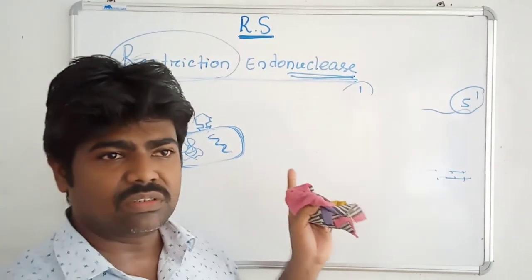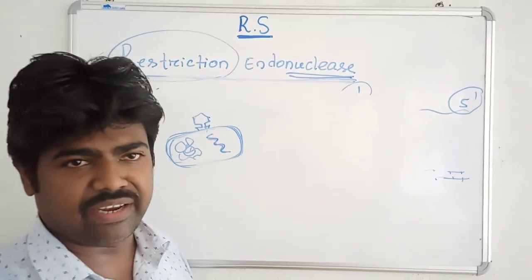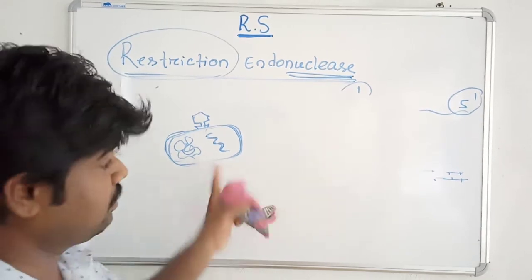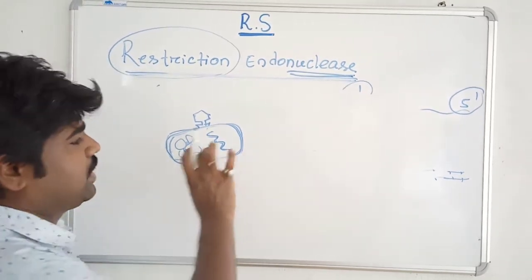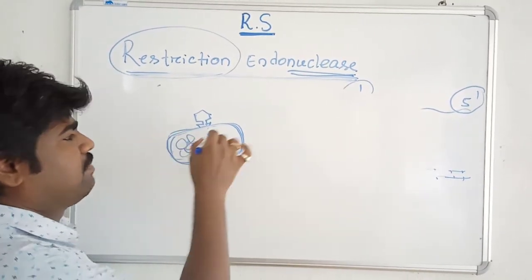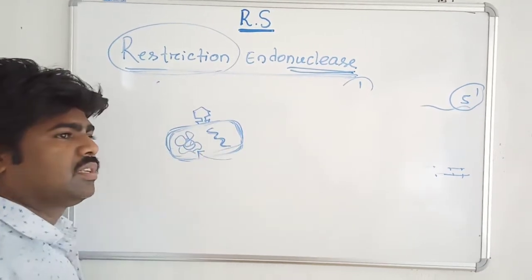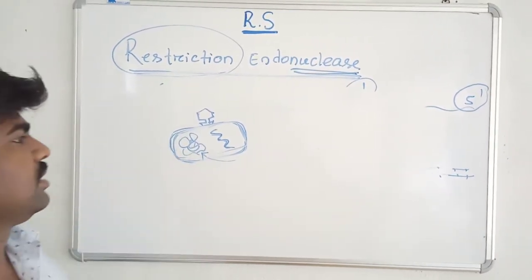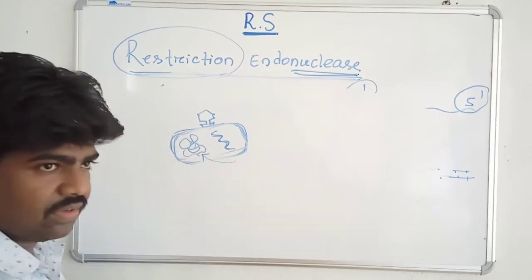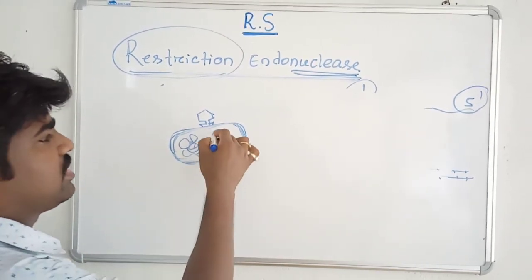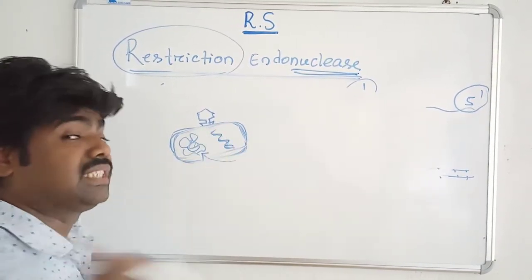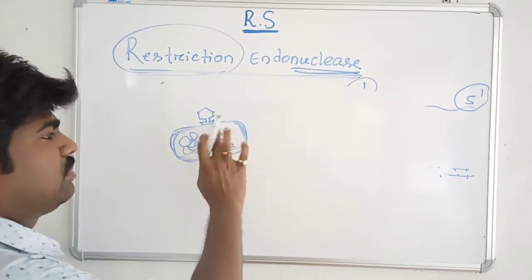Then the virus multiplies inside the cell or does some other event. Whatever the event may be, this becomes a danger to the bacterial cell, right? So now the bacteria tries to defend itself, to save itself from this harmful foreign genetic element, the genetic element of this virus.